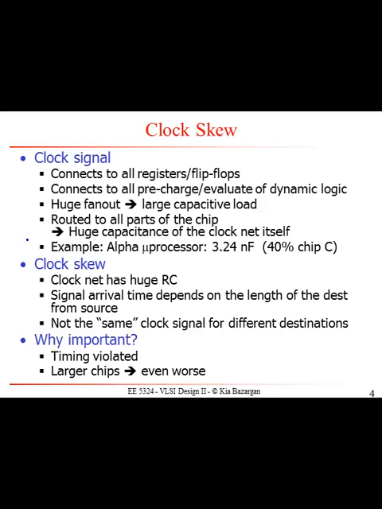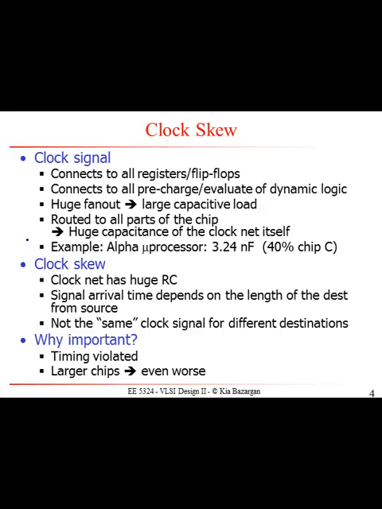And of course, you don't just have the registers and flip-flops. You could potentially have clocks for pre-charged logic, dynamic logic, and because of that, your clock is going to have a huge fan out, which means you have high capacitive load values.